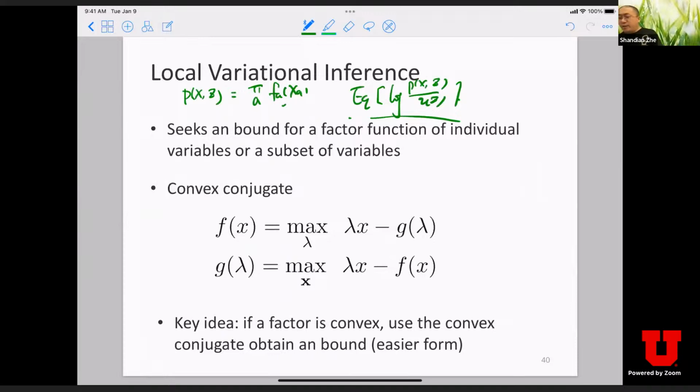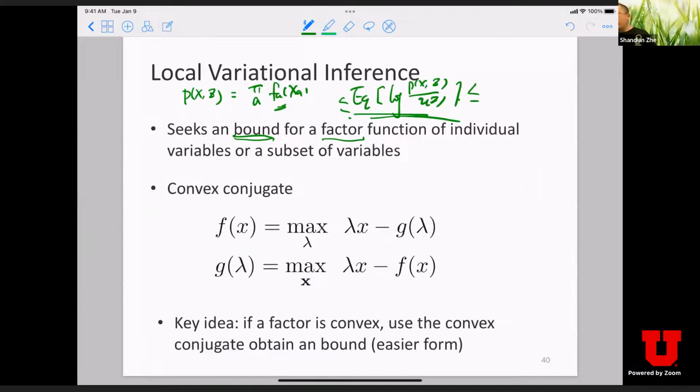Then an additional idea is, why don't we introduce some approximation to these tricky factors? We use a simpler form to approximate those factors in the joint distribution and then maximize the approximate evidence lower bound. This is called local variational inference. Usually we seek a bound over the factor function in the joint distribution, such that we can construct another lower bound of the variational evidence lower bound.